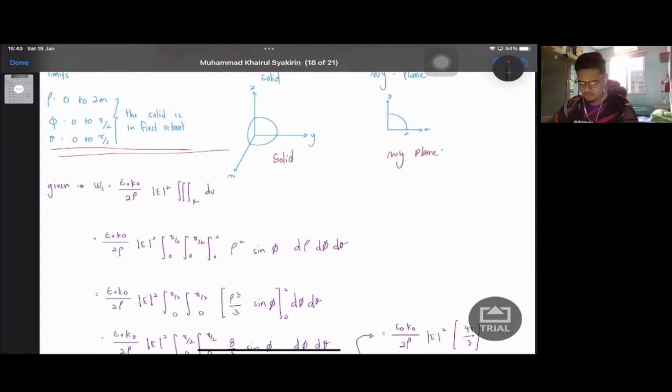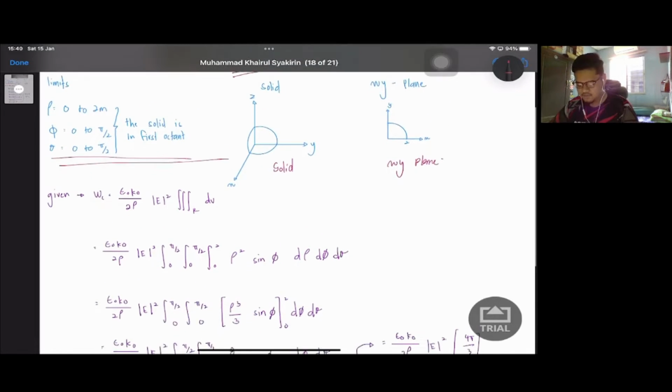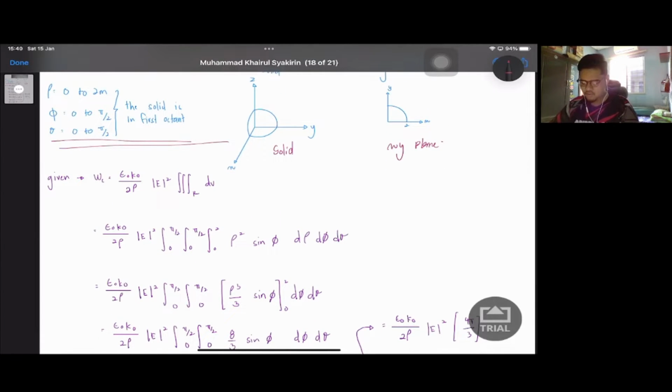In this subject, the given formula is the electrostatic energy equal to epsilon naught K naught over 2 rho multiplied by E squared and then the triple integral of dV. From here we know that dV is rho squared sin phi d rho d phi d theta, which we call the conversion formula.